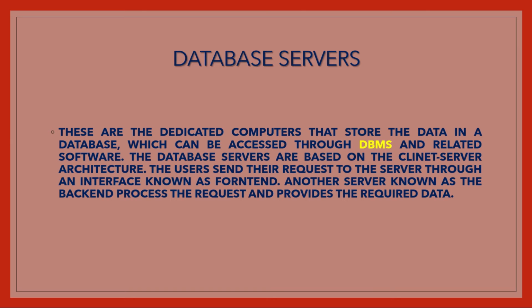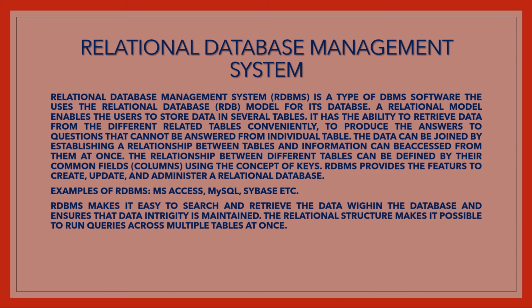Next we are coming to the relational database management system. So what is this actually? A relational database management system is a type of DBMS software that uses the relational database model for its database. The relational model enables users to store data in several tables.